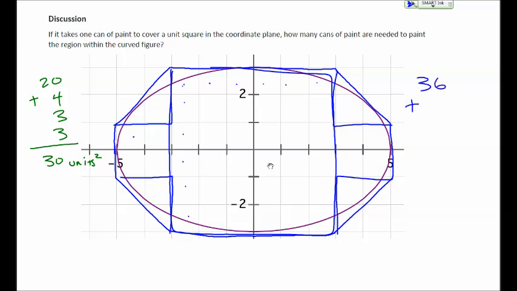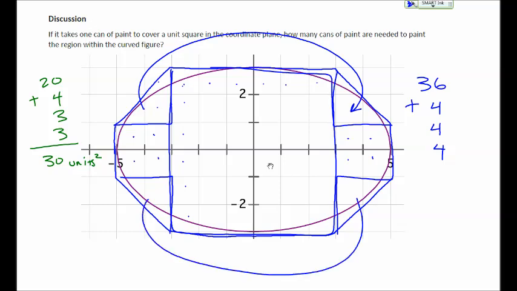And over here I have 4 plus 4. And then over here, if I put this and this together, I have 1, 2, 3, 4 more. And put these two together, I have 4 more squares. So in total, I have 52 square units.